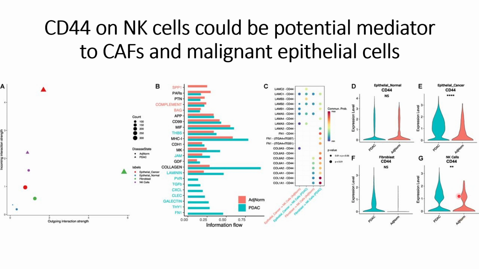So this all indicates that CD44 expression is higher in NK cells in the PDAC conditions or when surrounded by fibroblasts. We see the same thing for the epithelial cancer regions, where the epithelial cells acquire malignant properties and show high expression of CD44.